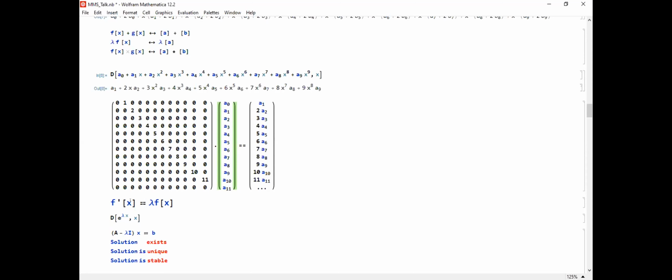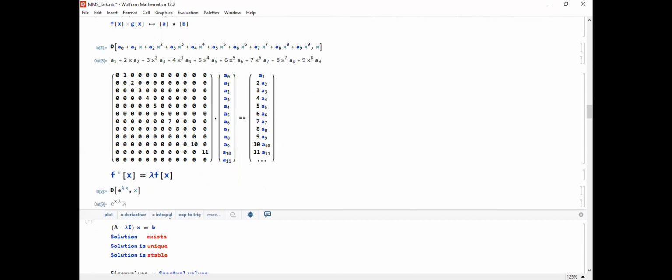But if you think about the differentiation as a differential equation, you can solve this equation, and you know the answer to this. The solutions are exponential functions, e to the lambda x. You can verify this easily using Mathematica here.